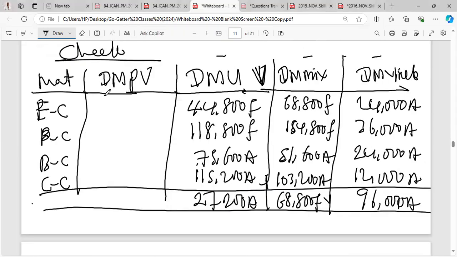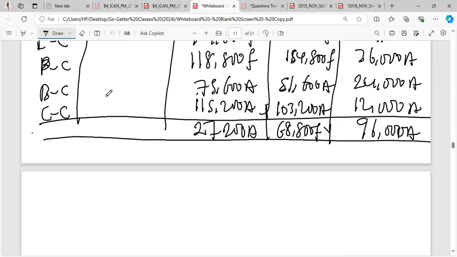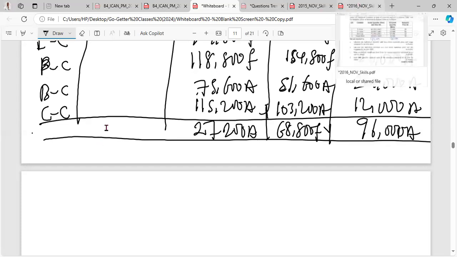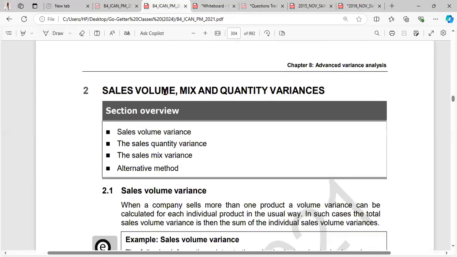So we have been able to establish how to do mix and yield variance. This is an advanced variance, mix and yield variance, and it is gotten from direct material variance. In our next class, we are going to be looking at sales volume, mix, and quantity variance.